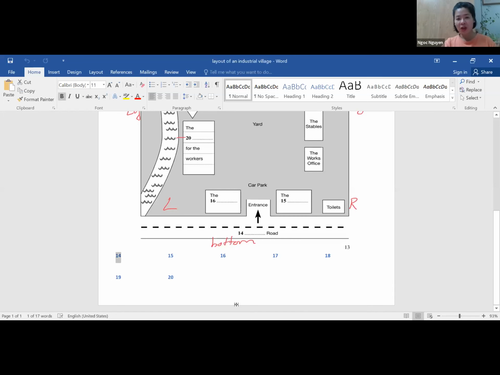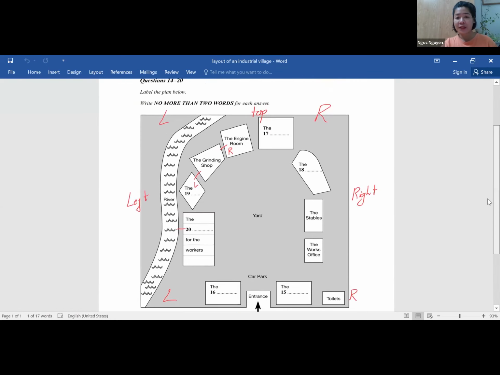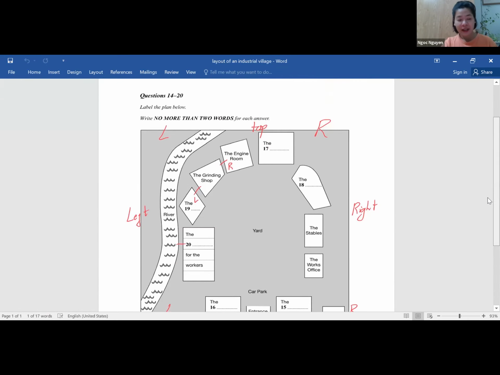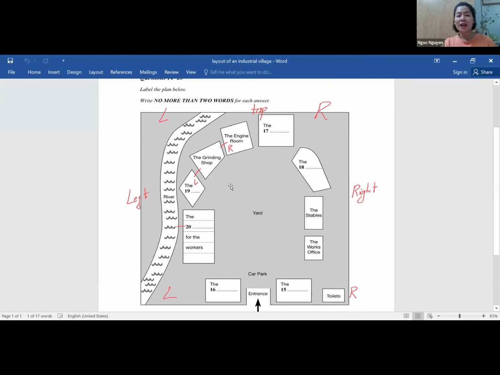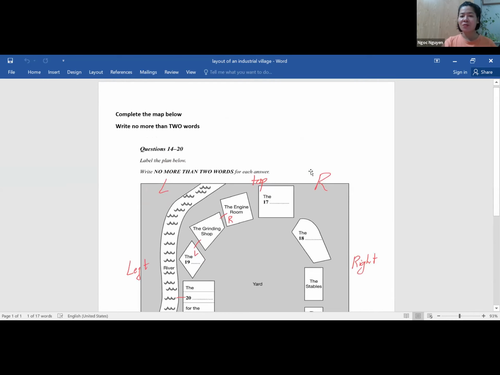When you open the doc file, you will see a map, and I already drew something on it. You will see different directions. It looks a little messy, but L stands for left, and R stands for right.